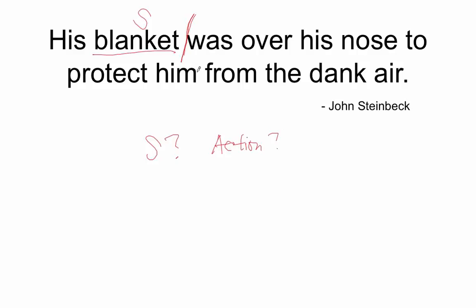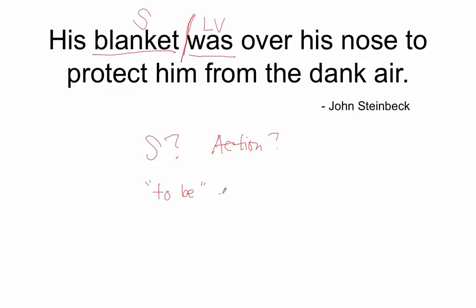Now, this is a special case. It's actually not that special because we see it very often, wherein your verb is actually what's called a linking verb. Now, we will discuss linking verbs more in detail when we discuss parts of speech. But for our purposes, for identifying a core sentence, the most common linking verbs are the verbs in the form to be.